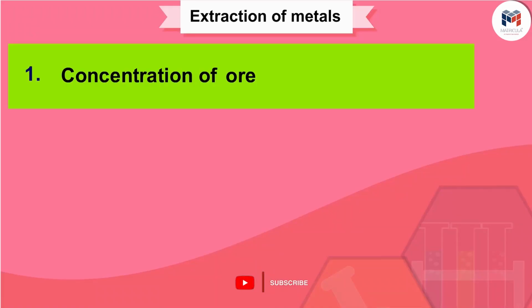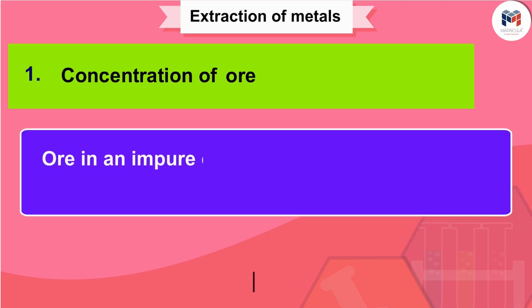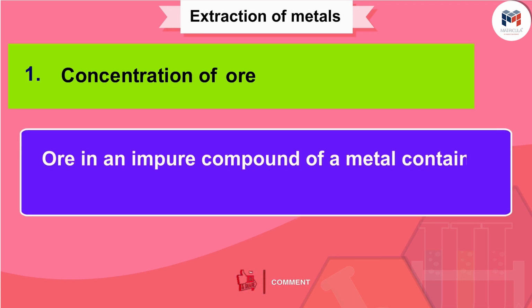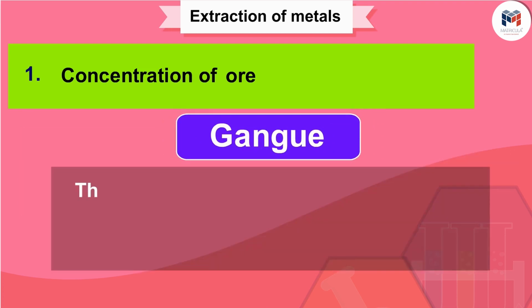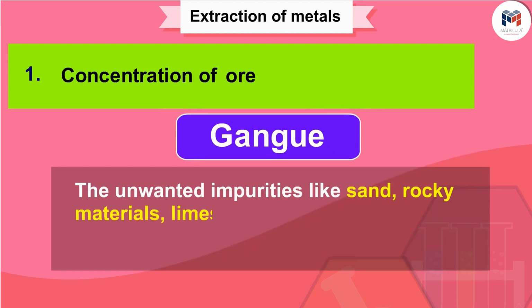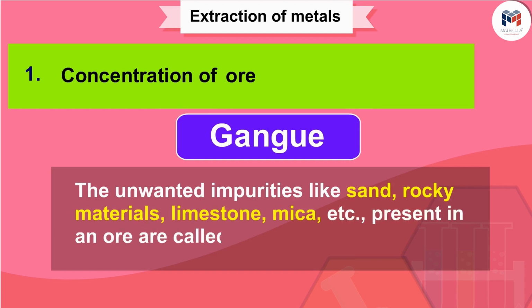Concentration of ore. As we already know, ore is an impure compound of a metal containing a large amount of sand and rocky material. The unwanted impurities like sand, rocky materials, limestone, mica, etc. present in an ore are called gangue.